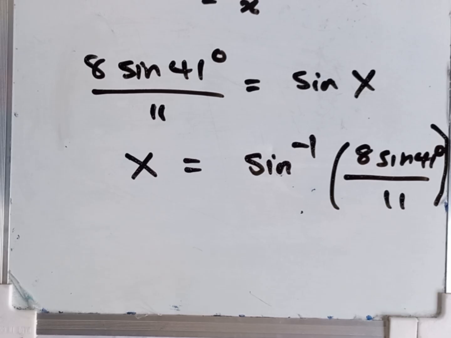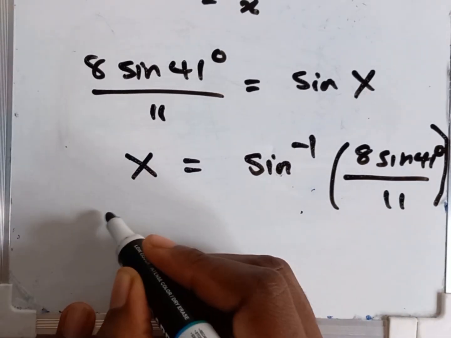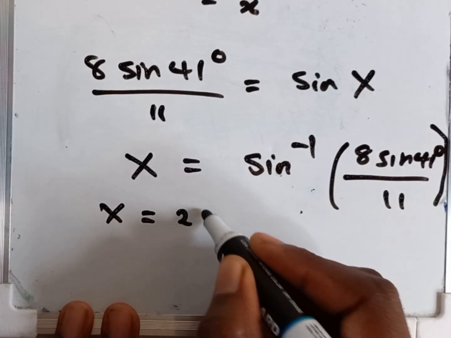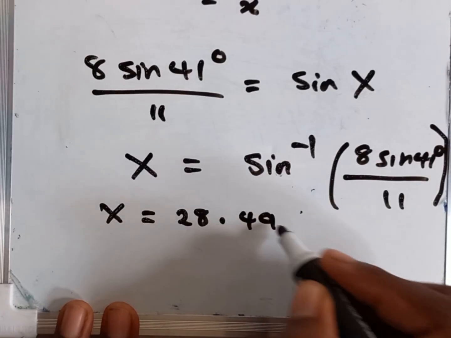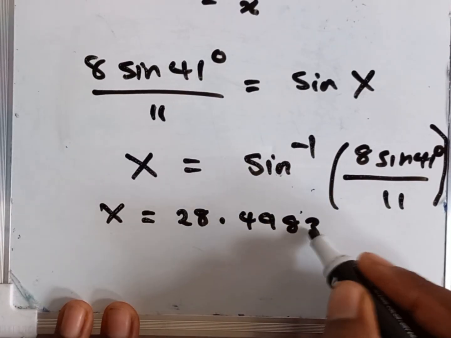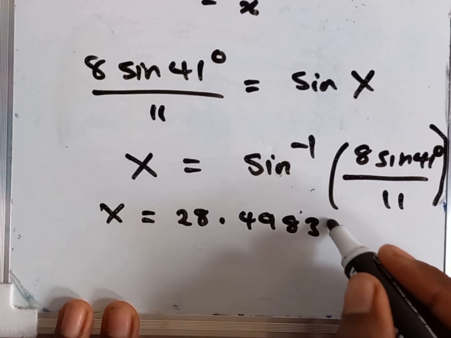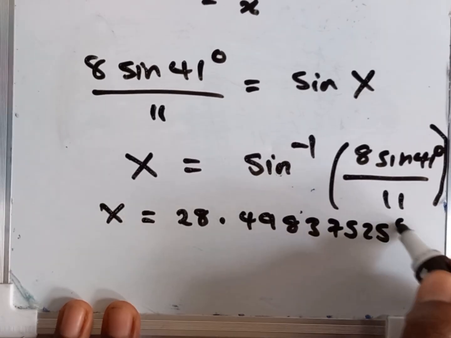My calculator is in degree mode. I press second function, sine of 8 sine 41 over 11. My answer is 28.4. Let me write it down. x is equal to 28.49837525 degrees.